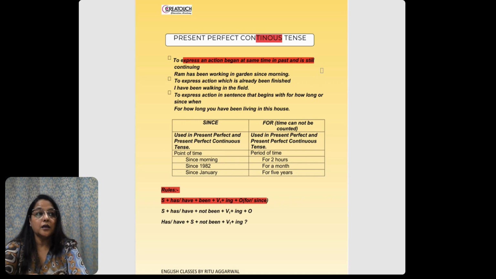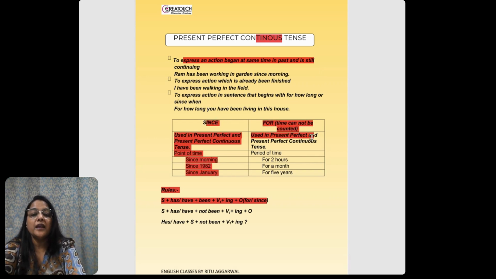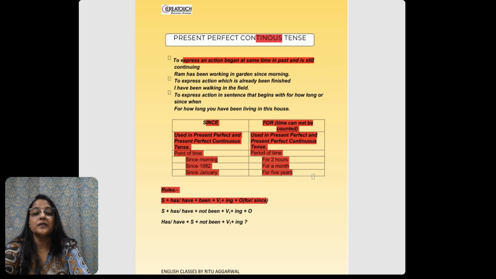But here you need to know how long he is working, right? So the situation comes for since and for. You have to be very careful in your since and for situations. See, since is used in present perfect and present perfect continuous tense for a point of time, like today, since morning, right? And for is used for time which is counted as a period.